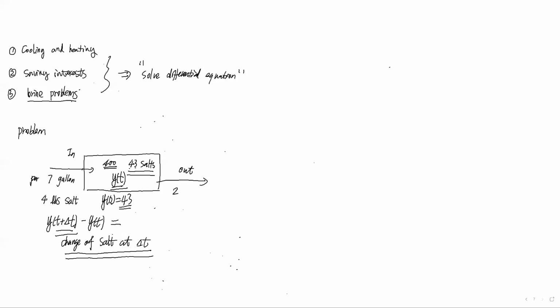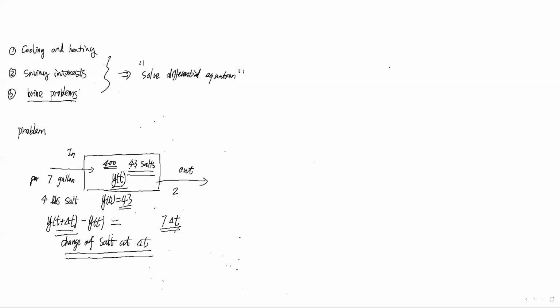So let's first look at the salt. How much salt gets in? Per minute, we have 7 gallons. The time is delta t, right? This is water getting into the tank.